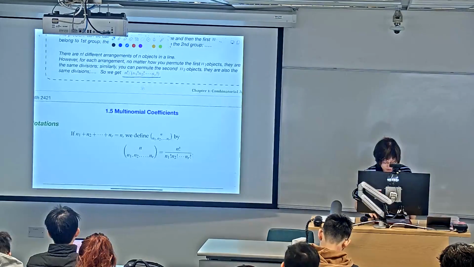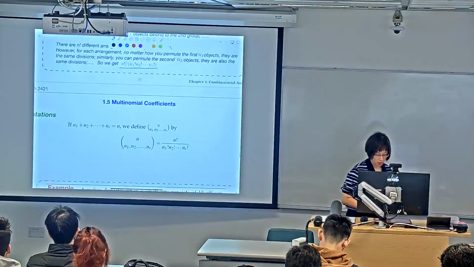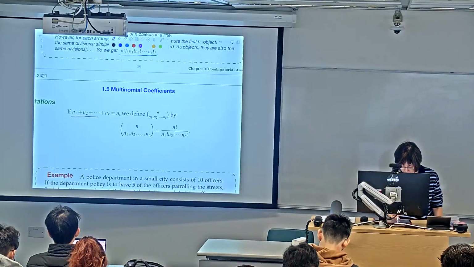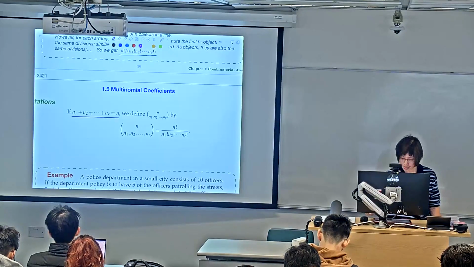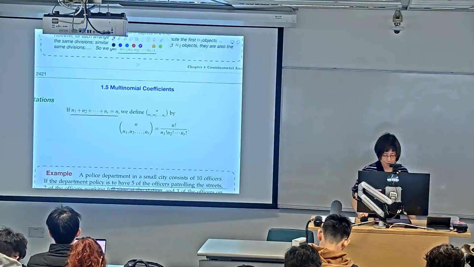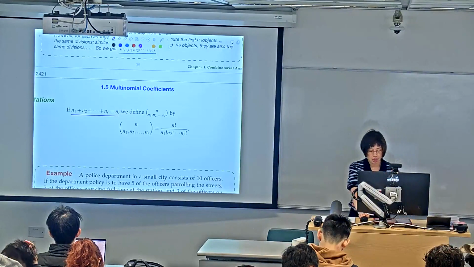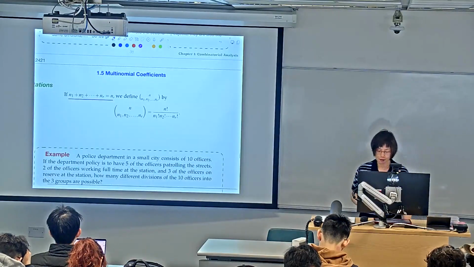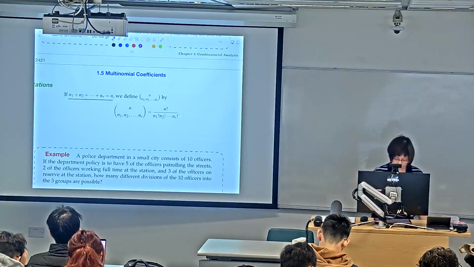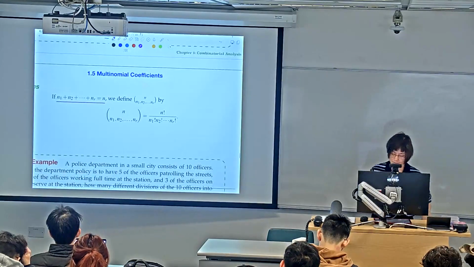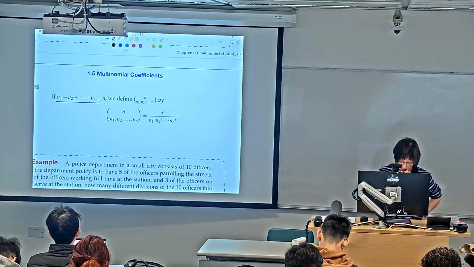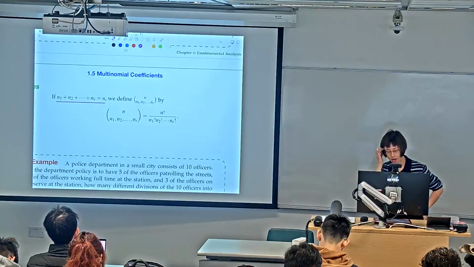So this is our formal definition. Assume n1 plus n2 up to nr equals n. We define this quotient, n factorial over n1 factorial times n2 factorial up to nr factorial, as this expression we read in a big bracket, with little n on top, and then n1, comma, n2, up to nr.